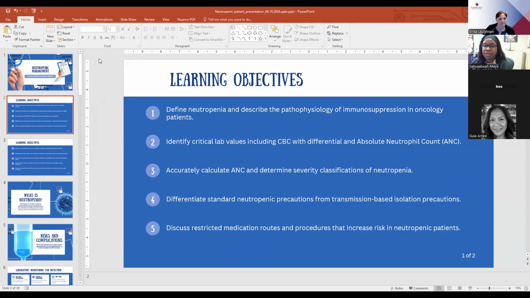On here, I went through the learning objectives: defining what neutropenia is, describing the pathophysiology, critical labs that are associated with neutropenia, including CBC differentials and the absolute neutrophil count, the ANC, how we calculate that ANC, differentiating between standard neutropenic precautions and transmission-based isolation precautions, and then discussing restricted medication routes and procedures that may place these neutropenic patients more at risk.